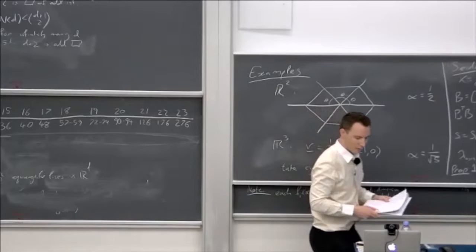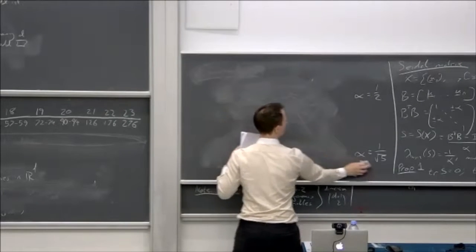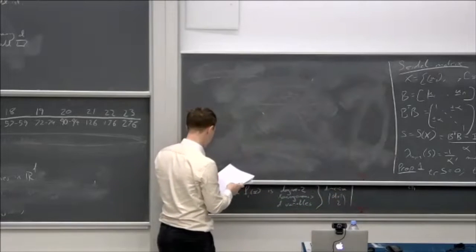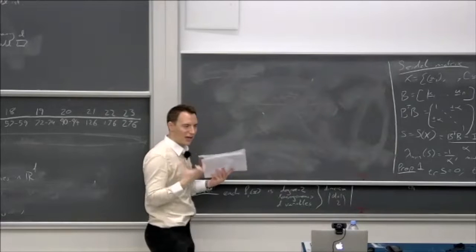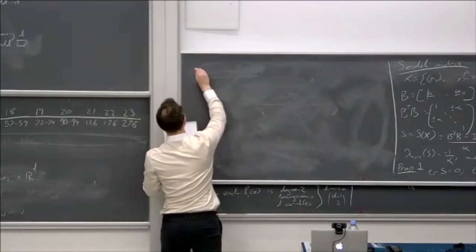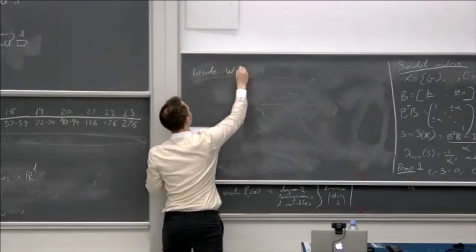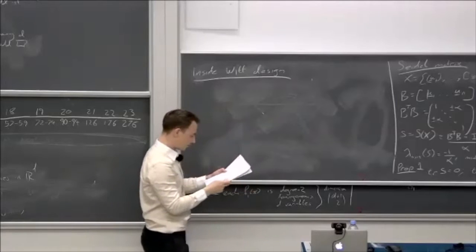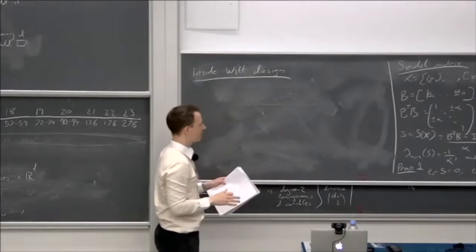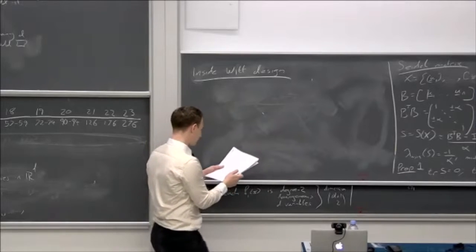Next, we can look at some more specific constructions. So the first construction, which is the kind of daddy construction, it has lots of children constructions, is the Witt design. So I'm just going to call this the Witt design. I was going to give a construction, but due to potential timing issues, if I have time at the end, I'll come back to the construction because there's quite a nice construction of this.